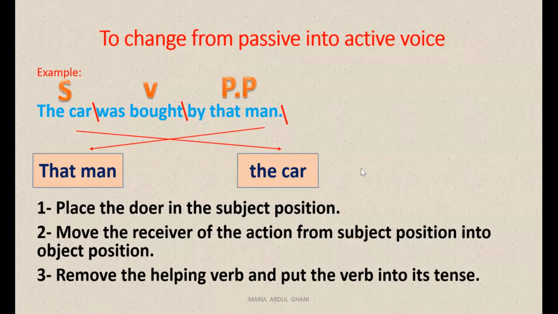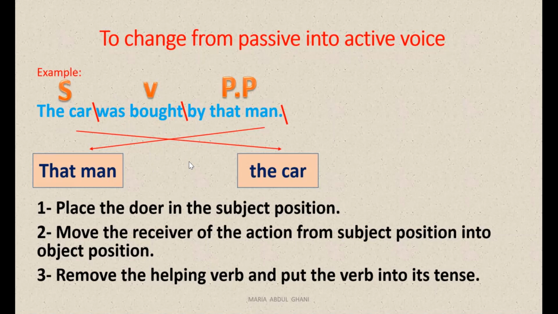Past. Okay, it's past simple. Fine. Now we are going to return this verb back to its origin. You have to remove the helping verb and put the verb into its tense. Here, it's active voice. We don't need the helping verb, which is was. And we have to return back the verb into its tense. What tense is past simple? You have to make the verb past simple without any helping verb if you are changing from passive into active.